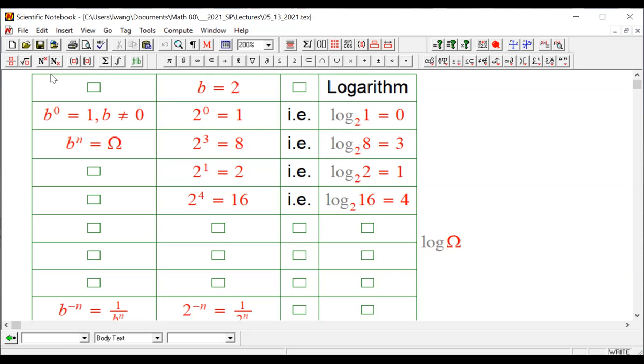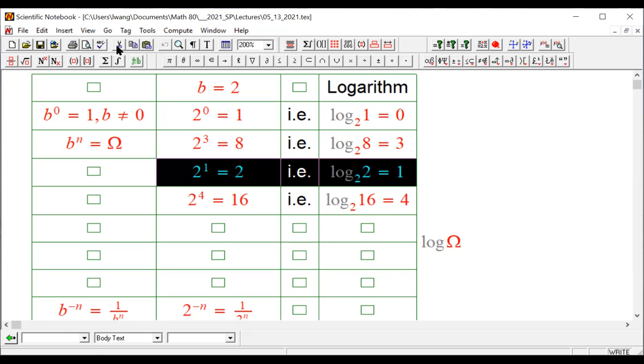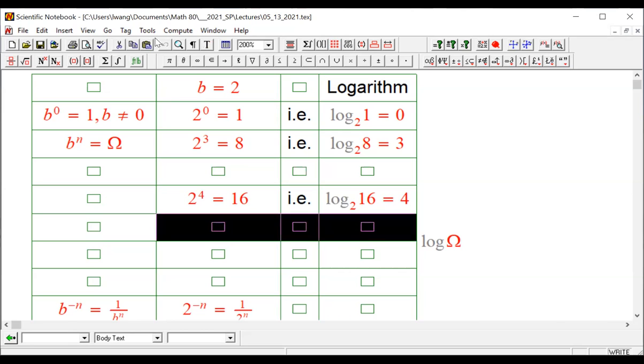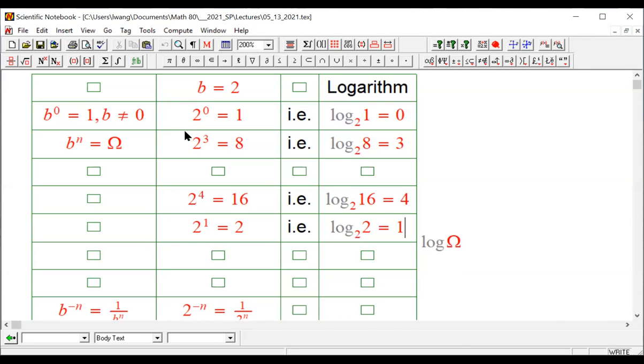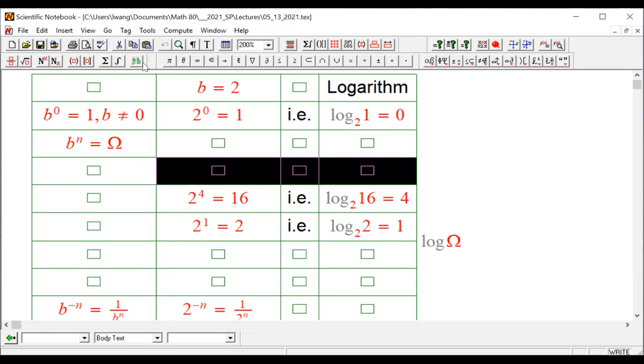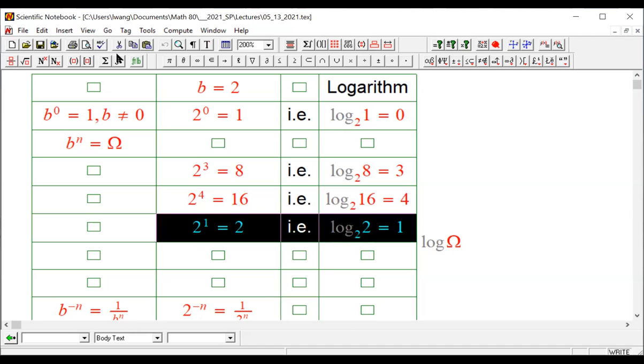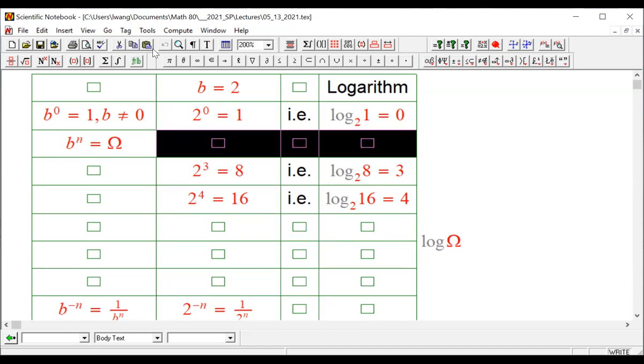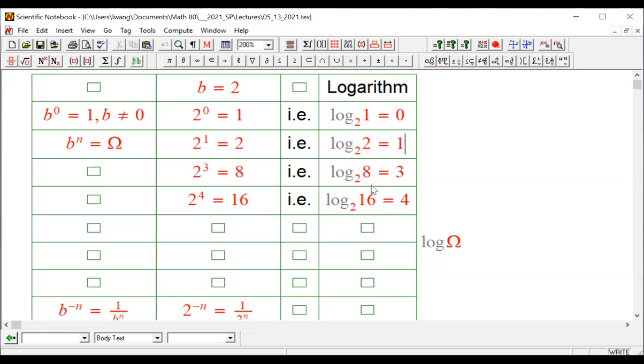Now I want you to look at these two numbers. I'm going to switch these two rows and put them over here. You can see the logarithm values for powers 3 and 4 differ only by 1.